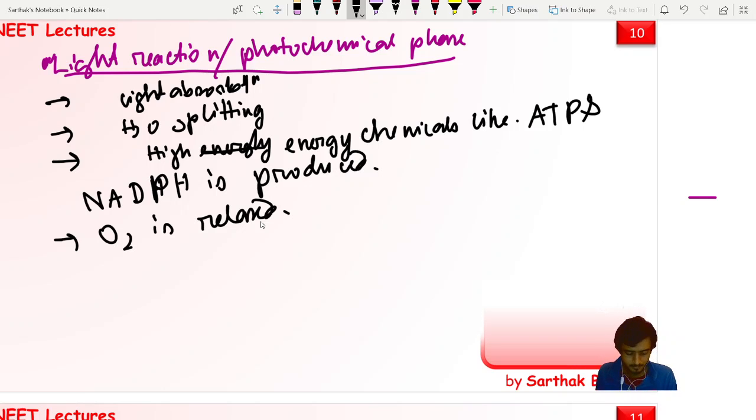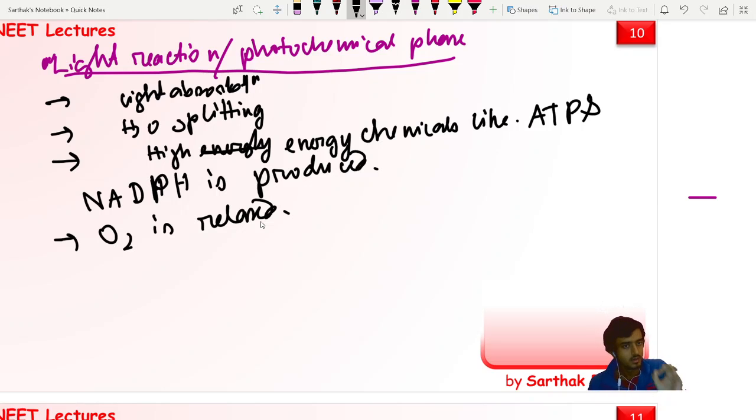So basically when sunlight falls on the green leaves, the light absorption occurs, and in the presence of sunlight the H2O splitting occurs, and the high energy chemicals like ATP and NADPH are produced, and O2 is released. This is known as the light reaction. And you may know that the light reaction is completely dependent on light.